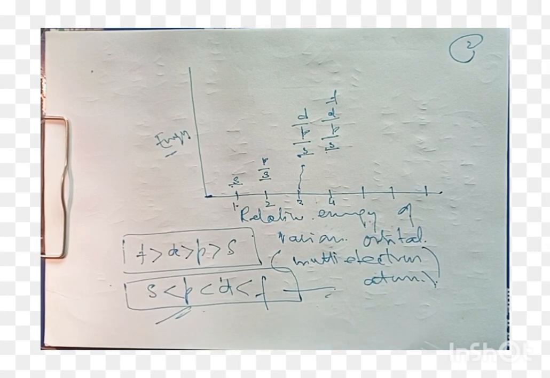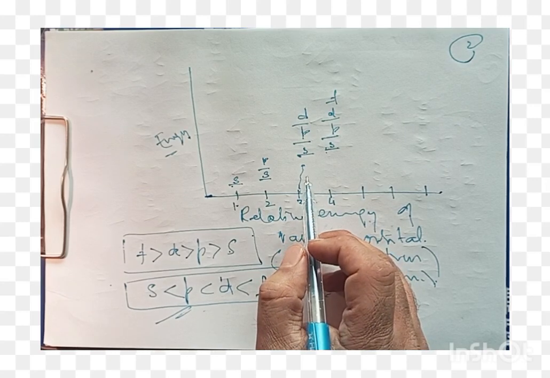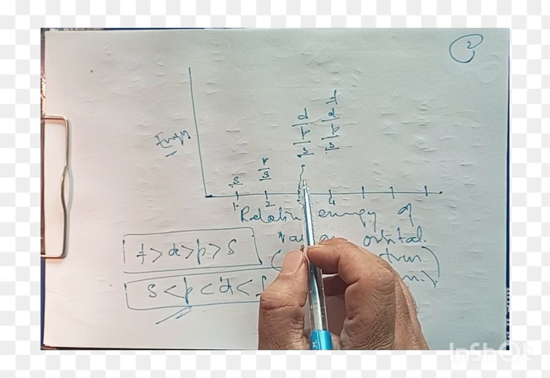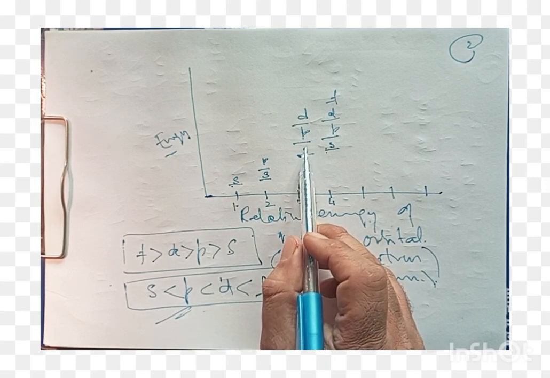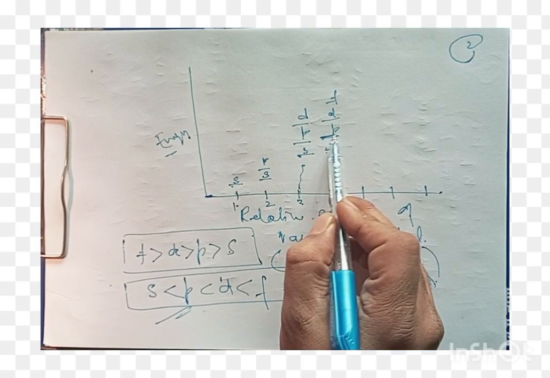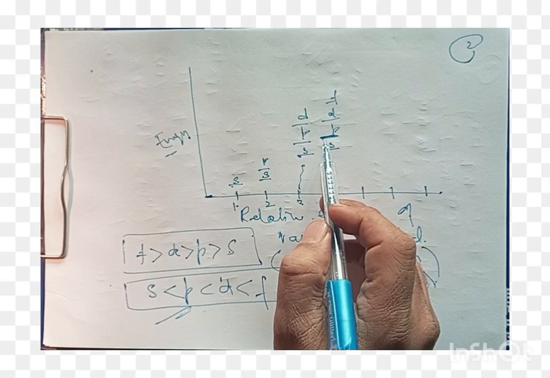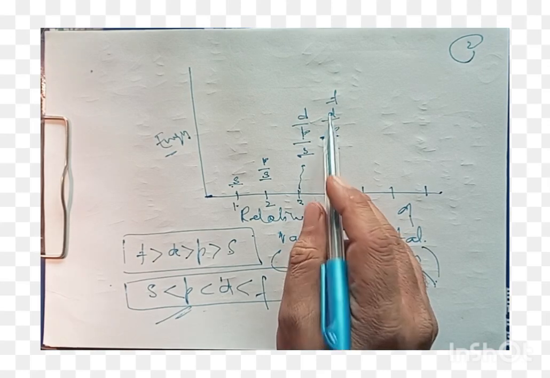Now when we go for the states where n is greater than or equal to 3, some orbitals belonging to the lower main energy level may have higher energy than some orbitals belonging to a higher main energy level.